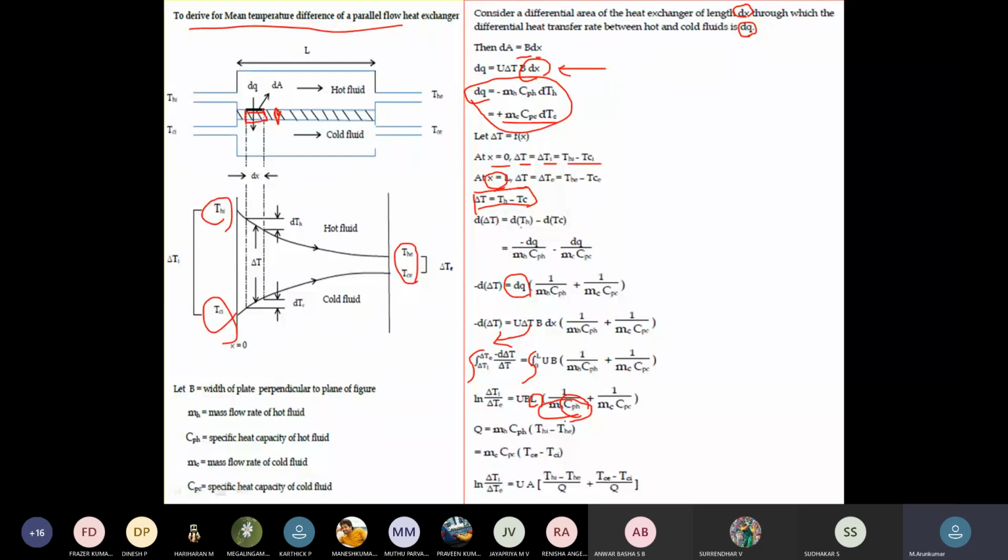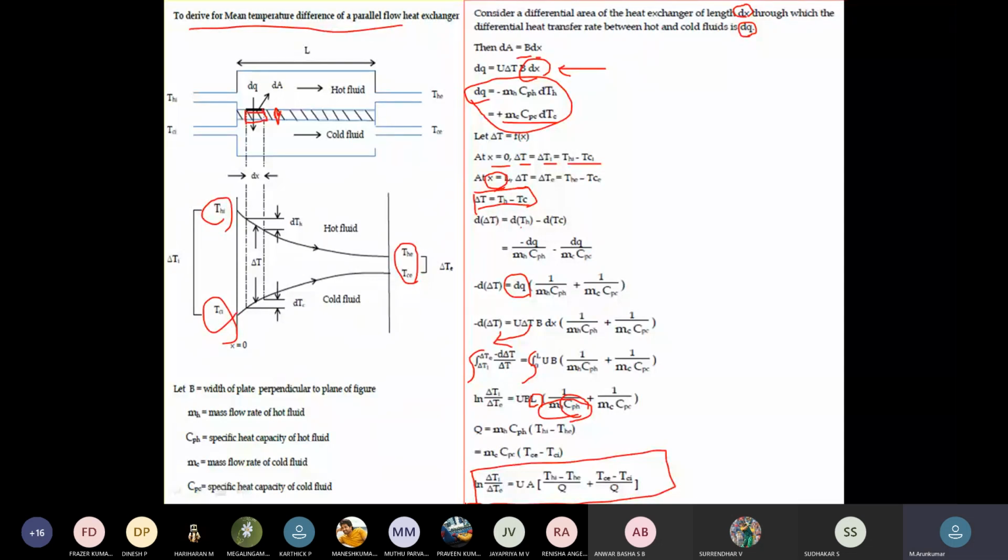If we substitute, we finally get the equation: ln(delta T inlet / delta T exit) will be equal to U into (Thi minus The)/Q plus (Tce minus Tci)/Q. I'm repeating: ln(delta T inlet / delta T exit) will be equal to U into A.